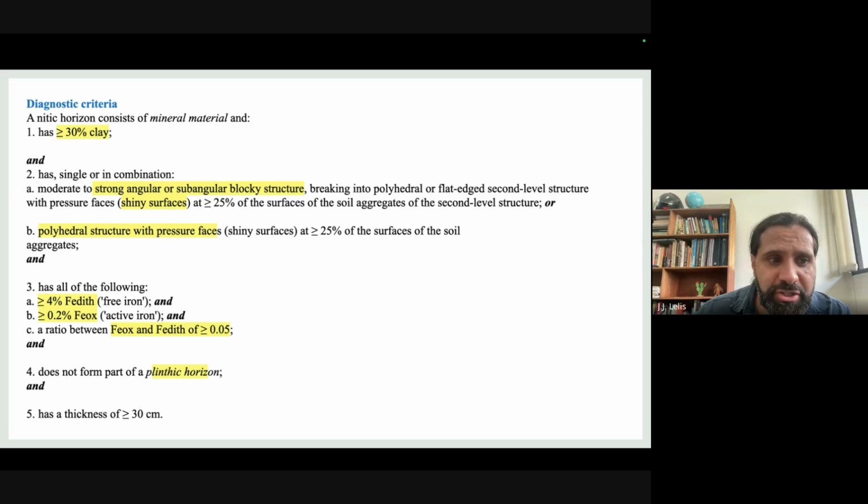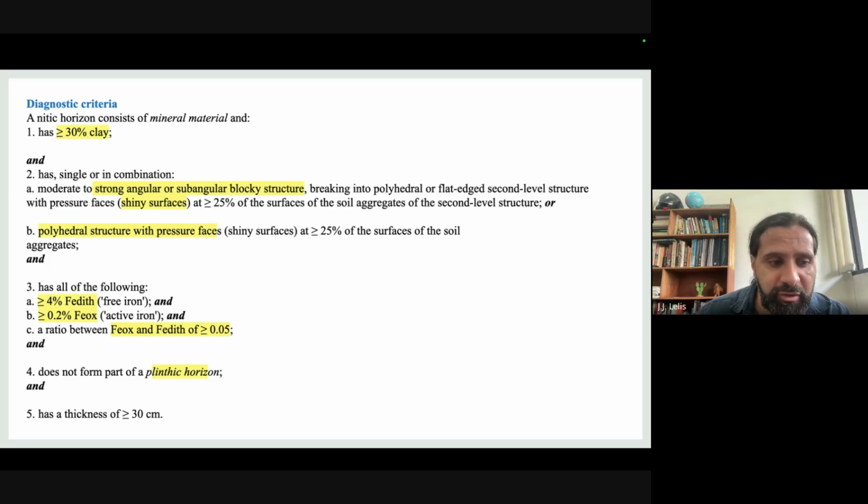The other criterion is number 3. I need to find A, B, and C. I need to identify a minimum content of iron extracted by dithionite of 4%, that we call free iron, iron that composes the iron oxides. We need to register at least 0.2% of iron oxalate, iron extracted by ammonium oxalate.